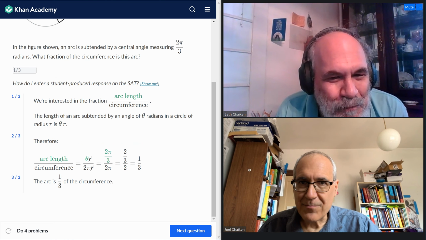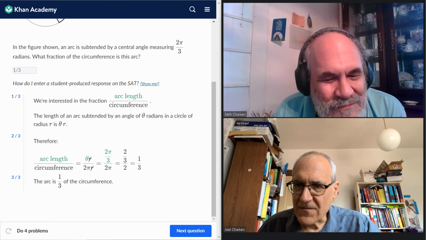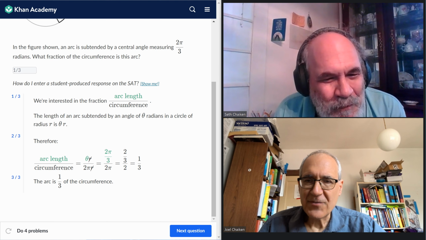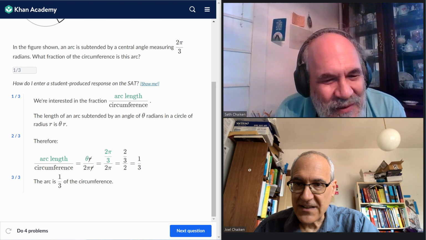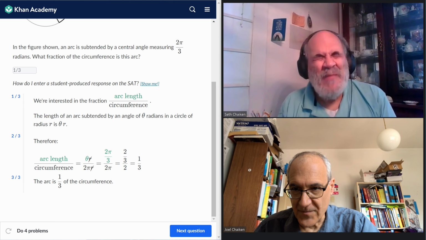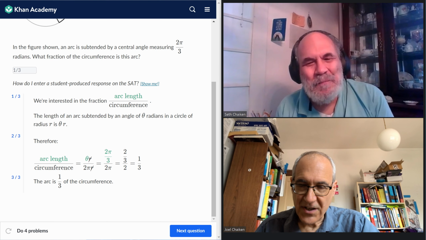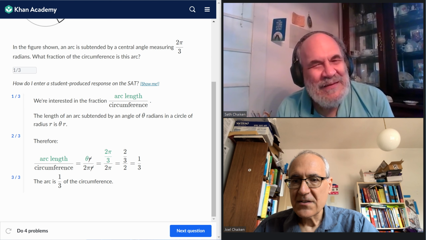So it's only a three-step question. We're interested in the fraction arc length divided by circumference, right? Exactly. And then they have the formula, which, if it's on this sheet, you really should know for the SAT. The length of an arc subtended by angle theta is r theta. Therefore, you just plug it in. They give you the central angle, 2 pi over 3, divided by 2 pi.